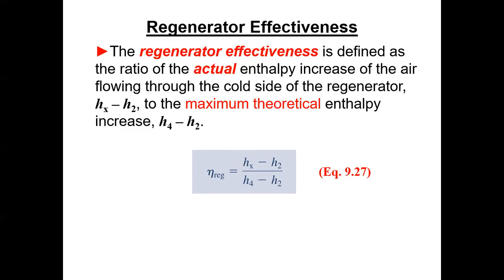So that would be the maximum theoretical. So how close, what percent are we coming to the maximum possible? Are we 50%, 60%, 70%, whatever? If Hx got to H4, then it would be 100%, which of course is impossible because you can't afford one that big, and even if you could, you can't build one that big.